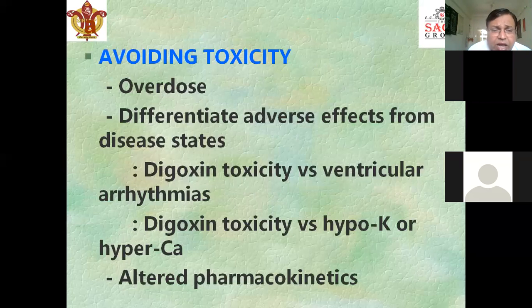Avoiding toxicity like overdose, differentiating adverse effect from the disease state: digoxin toxicity versus ventricular arrhythmia, digoxin toxicity versus hypokalemia and calcium level, hypercalcemia. Altered pharmacokinetics we can also avoid by using TDM.